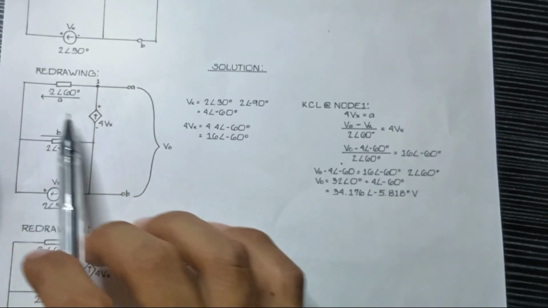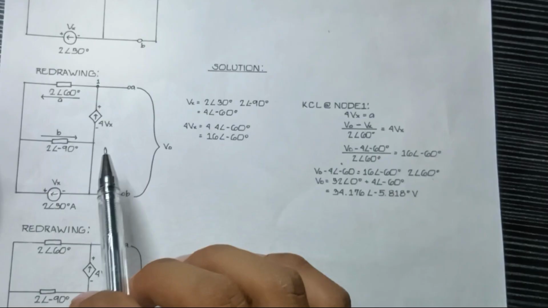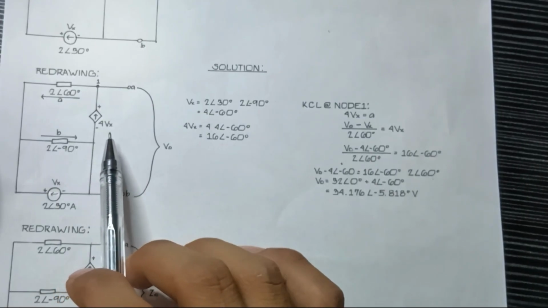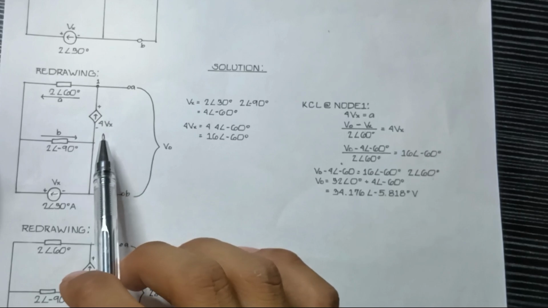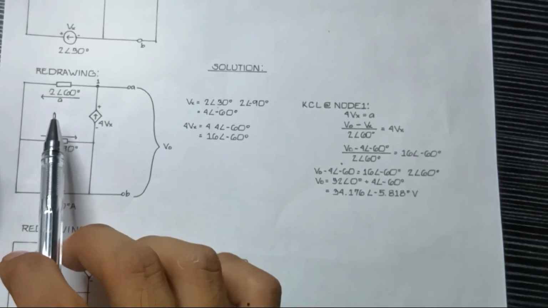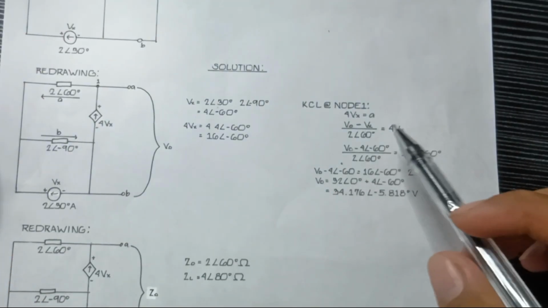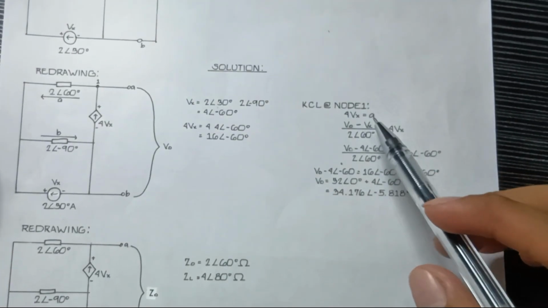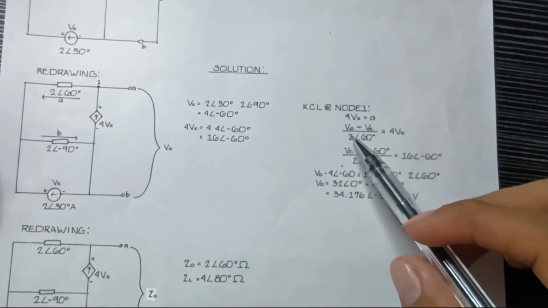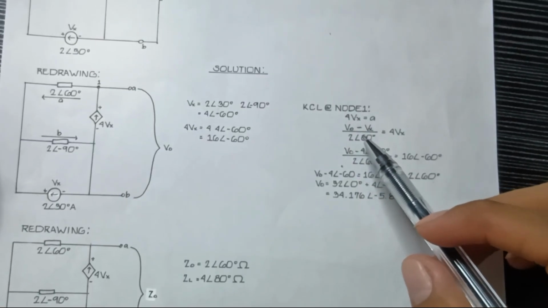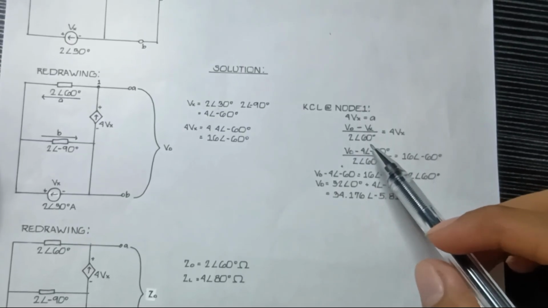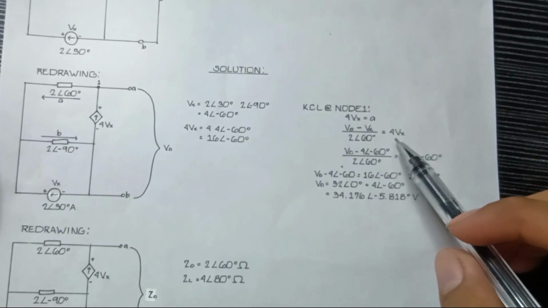Upon inspection of node 1, the current going in is our dependent current source of 4Vx, equal to the current going out, which is the current going through our impedance of 2∠60°. Converting this current from its direction, we get the open circuit voltage minus Vx, all over the impedance of 2∠60°, and this would be equal to 4Vx.